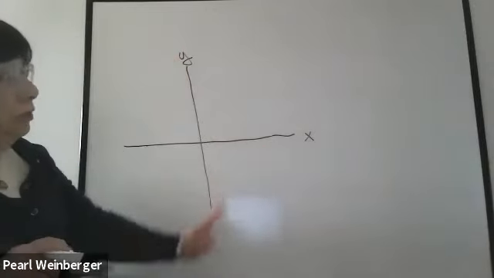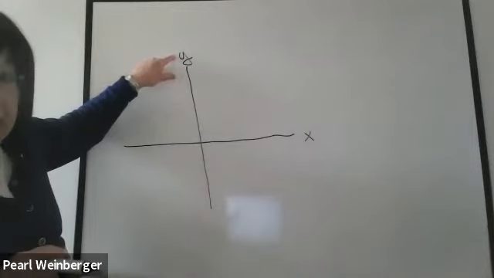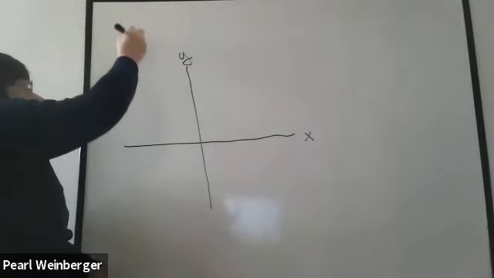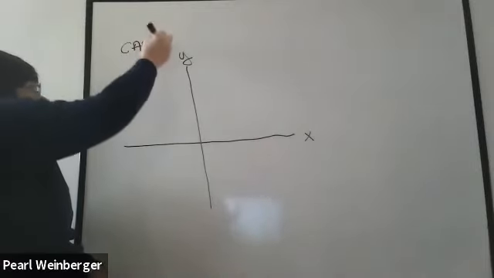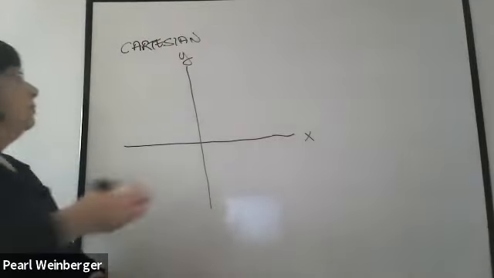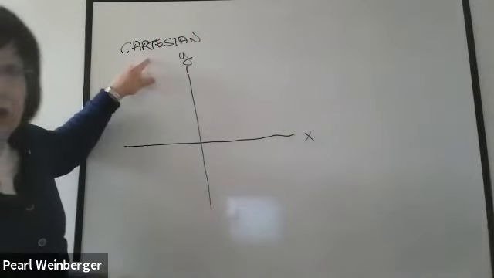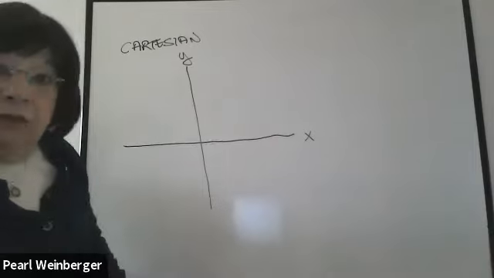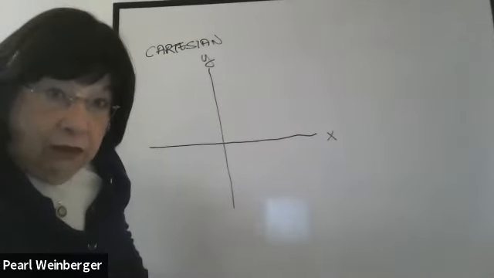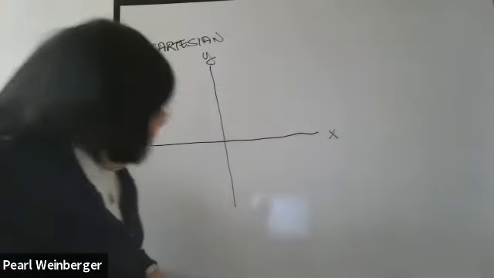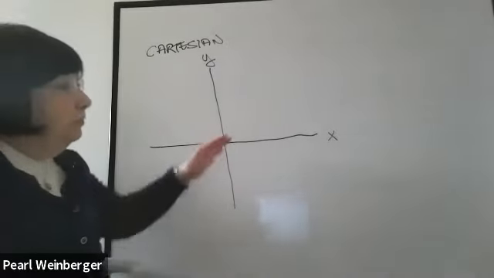one line going vertically, which we call the y-axis, is called Cartesian coordinate graphing. And the word Cartesian actually comes from the name of the mathematician that came up with this type of graphing.